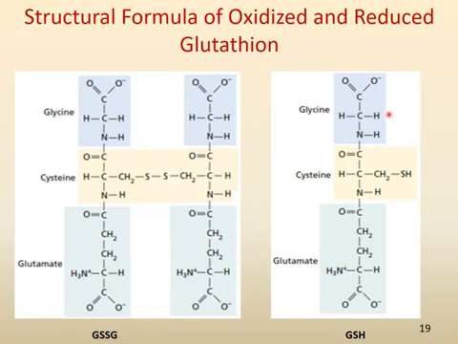As you can see, glutathione is made up of three amino acids: glycine, cysteine, and glutamate. So actually, the cysteine is the amino acid which is responsible for its two forms, the reduced form and the oxidized form. In the reduced form, a sulfur-hydrogen bond is present, and in the oxidized form, a sulfur-sulfur bridge is present between the two cysteine parts of glutathione.